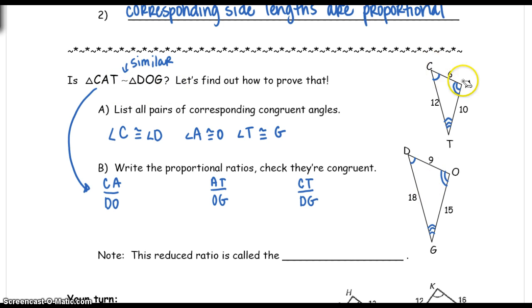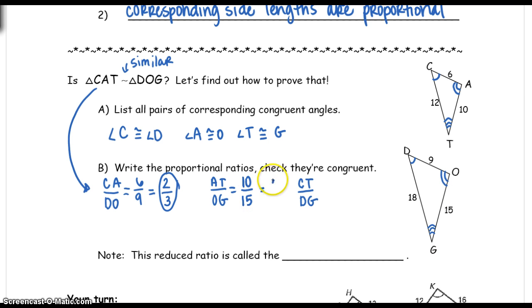So looking over here, CA is 6, DO is 9. So 6 divided by 9. Now I want you to reduce this. There's a factor of 3 in both of those, so we'll have 2/3, okay? So I'm going to circle that there so we know. Then we have AT over OG. AT is 10, OG is 15. 10 over 15.